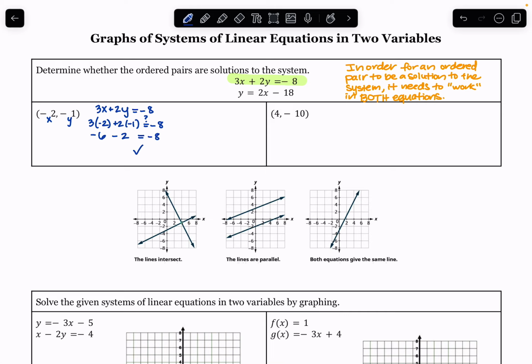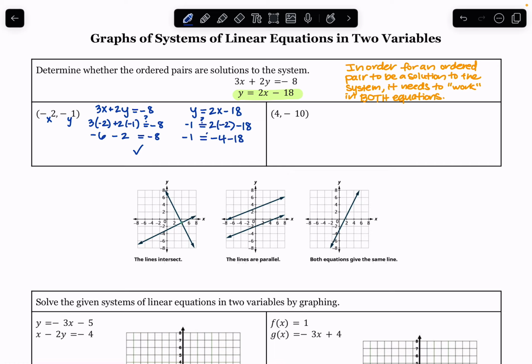However, we can't stop here and say that it works. It needs to work in both. So I'm going to now check 2x minus 18. So I have y equals 2x minus 18. And when I plug in my x and y, I'm going to have negative 1 is equal to, with a question mark because we don't know, 2 times negative 2 minus 18. And when I multiply that out, I have negative 1 is equal to negative 4 minus 18.